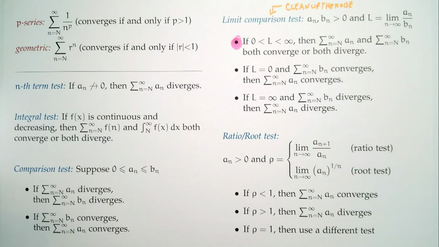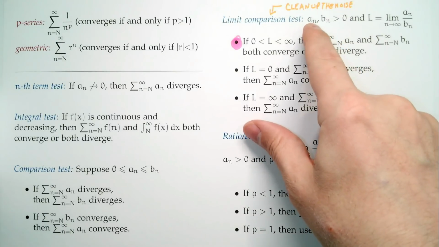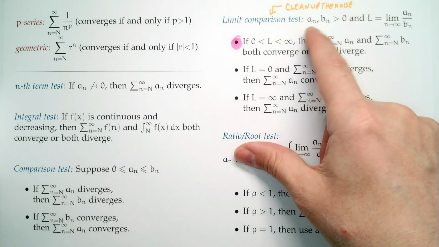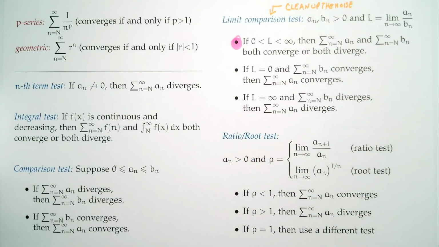Now the ratio or root test is a little bit simpler because notice that in the limit comparison test, we usually have the a sub n, but we don't know the b sub n before we start. And so we have to come up with it. In the ratio and root test, you don't have to come up with anything.